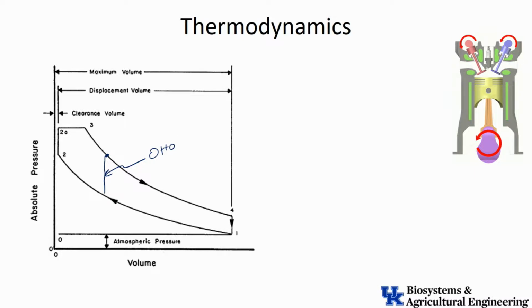And so this is the Otto cycle, where we get the automobile. That's kind of the roots of all that, but it's one of the first cycles that somebody came up with to look at how an internal combustion engine would work.